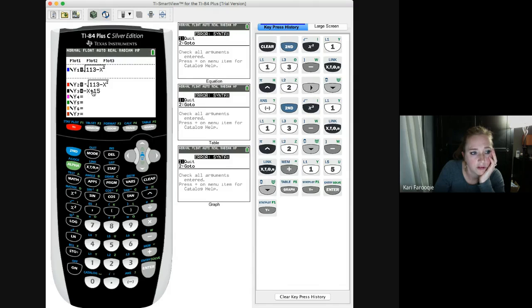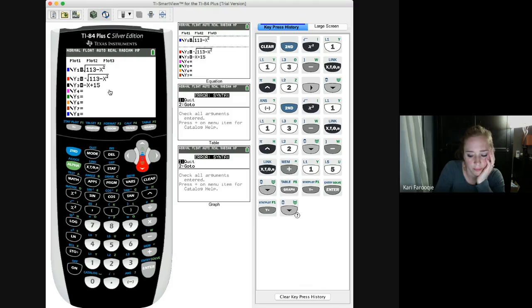It is my negative sign. I'm just wanting to fix my negative sign. Go. I think I used my keypad. I don't know what I did. That's why I was getting a syntax error. Okay, now graph.